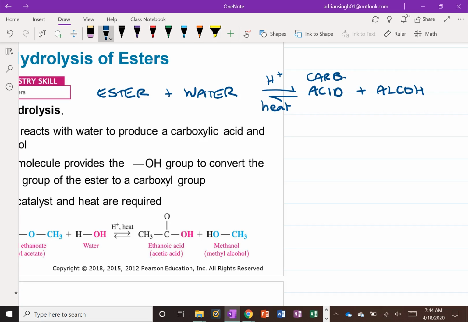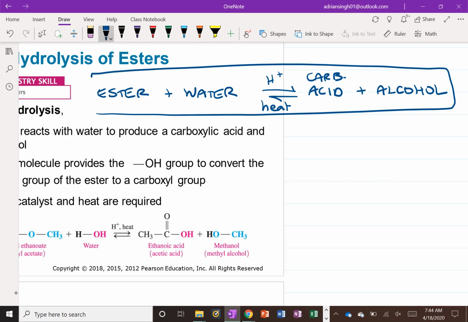If you take a look at this reaction, it is just the opposite of esterification that we saw in the previous section. We're going to see this a lot: reactions can go both ways by simply changing the conditions. When we looked at esterification, it had a forward and backward arrow, meaning that it's reversible.